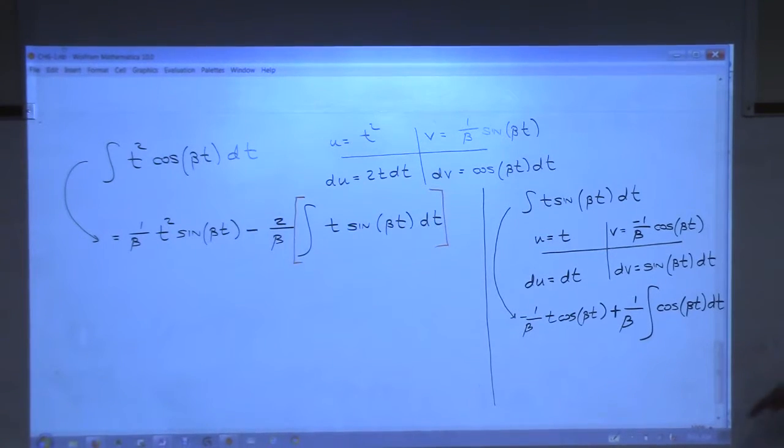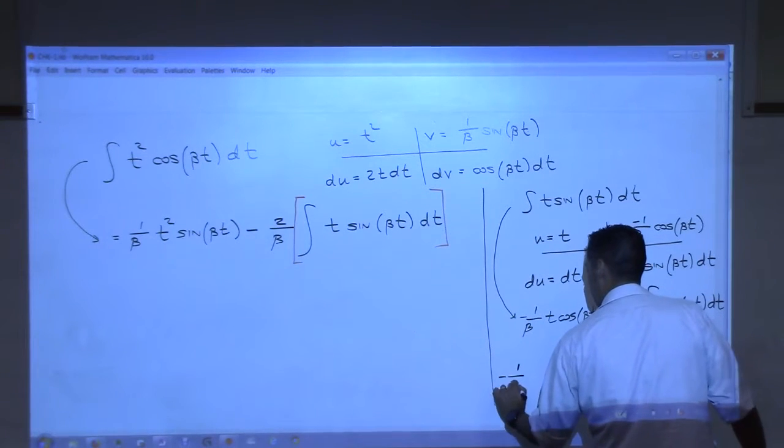All right, we need one more antiderivative, this one right here. And see, no more t in front, so we just go straight to the formula. This will be, what's the antiderivative of cosine beta t? 1 over beta sine beta t. But I already have a 1 over beta out there, don't I?